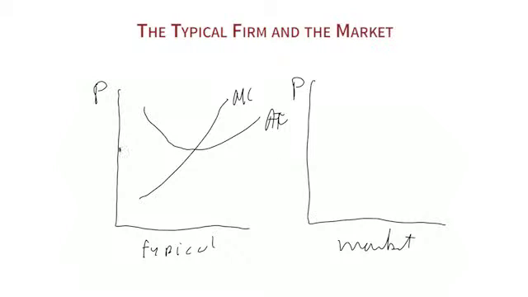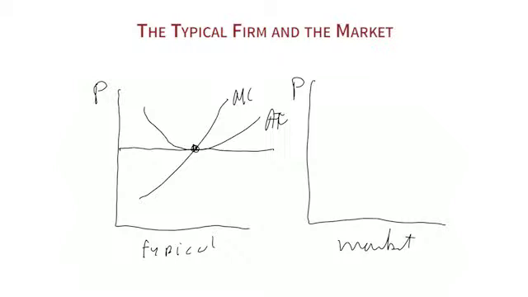So I want to try carefully to draw the price line that the firm faces so that it intersects the marginal cost curve just at the bottom point of average total cost. So that's going to be that flat line. That's the price this typical firm sees in the market, drawn at just the point at the bottom of average total cost where marginal cost intersects.